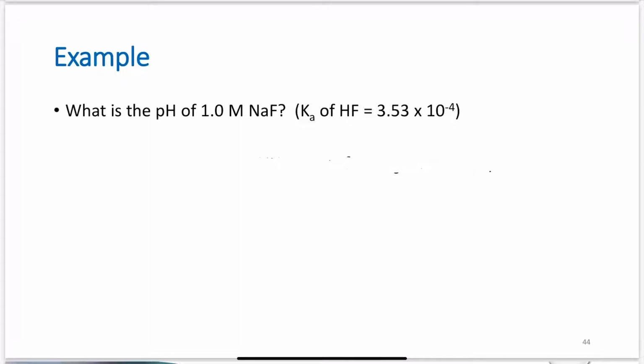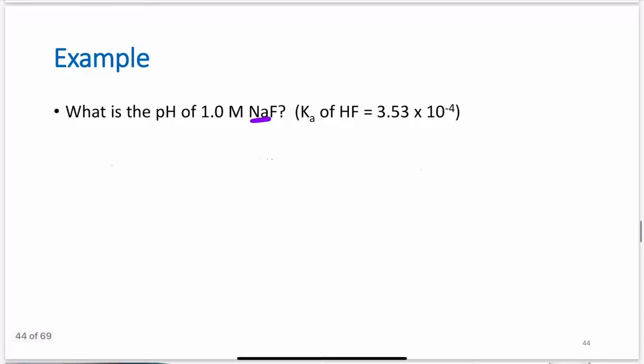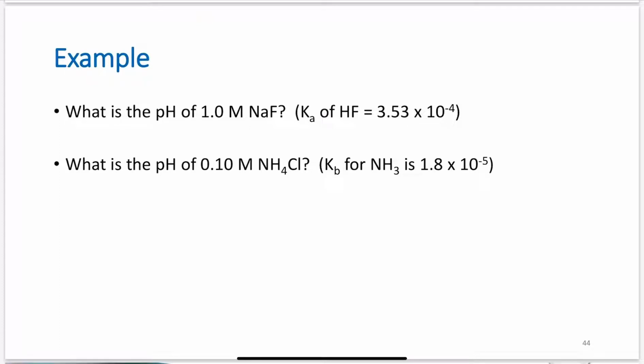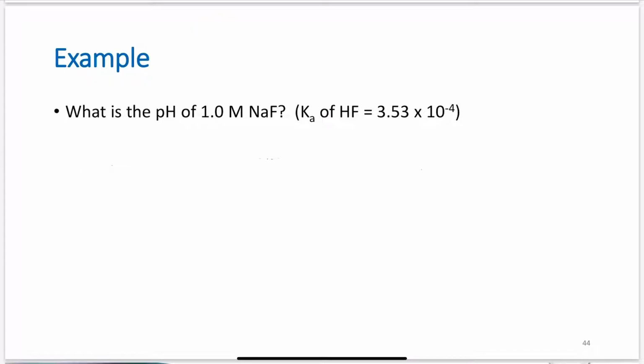Couple things to look out for when you're doing these problems that always clued me into what I need to be doing. First, it does tell me 1 molar NaF, but I know NaF is a strong electrolyte because anything with sodium in it is a strong electrolyte. So I know NaF in solution is going to form sodium ions plus fluoride ions.